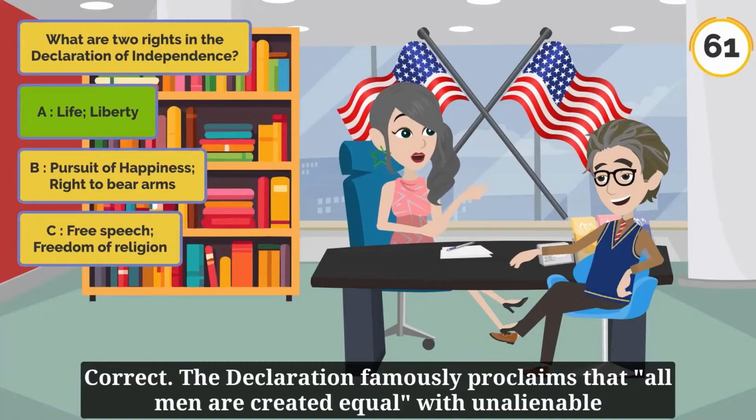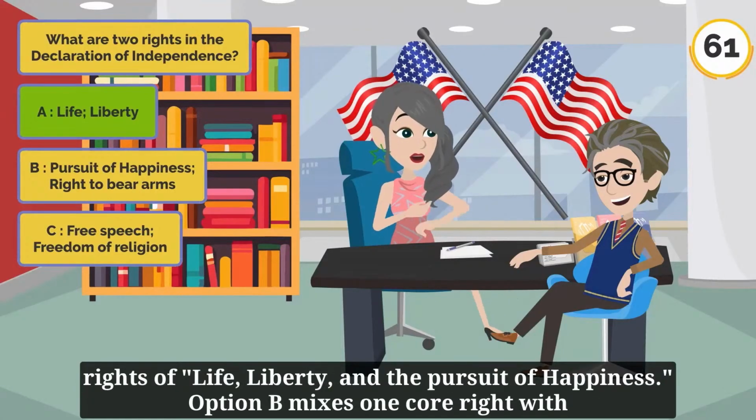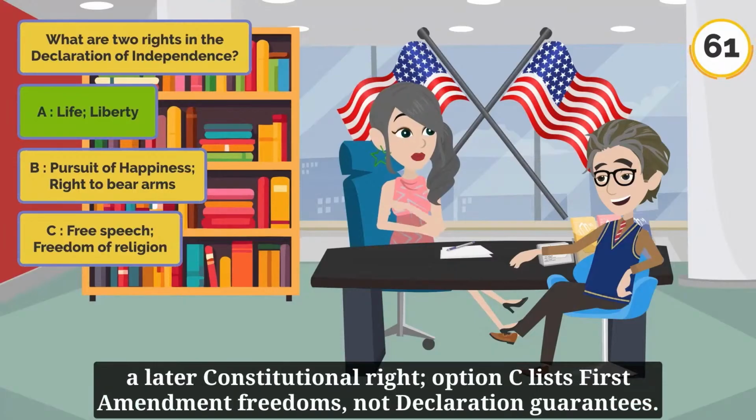The Declaration famously proclaims that all men are created equal with unalienable rights of life, liberty, and the pursuit of happiness. Option B mixes one core right with a later constitutional right. Option C lists First Amendment freedoms, not Declaration guarantees.